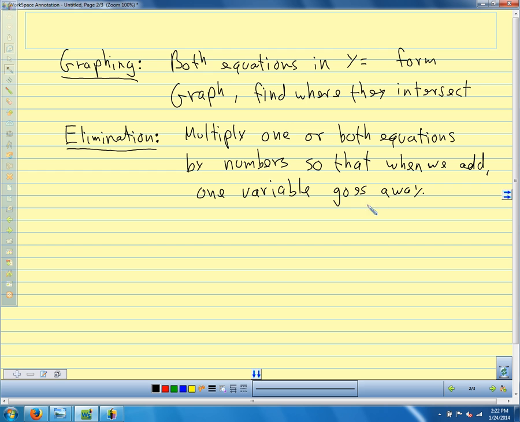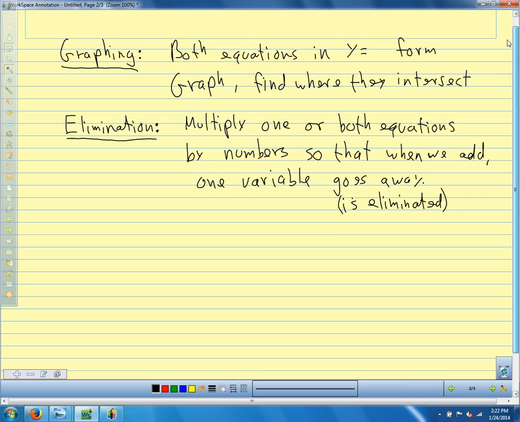And I guess rather than goes away, you could use the word is eliminated. And that's why we call it elimination. So let's look at a couple of examples when we're talking about elimination.